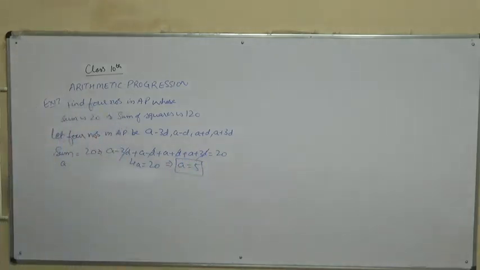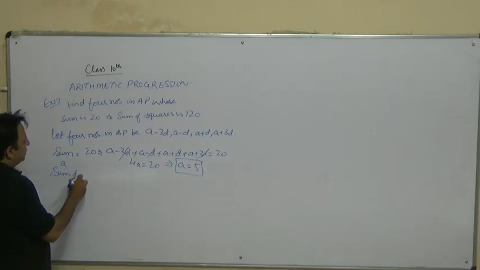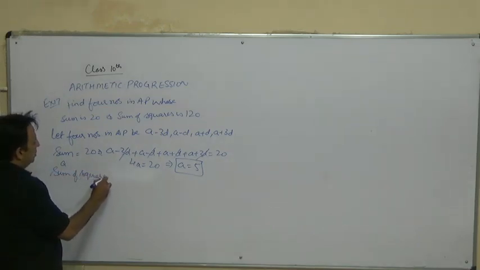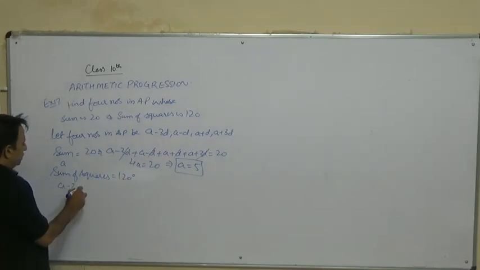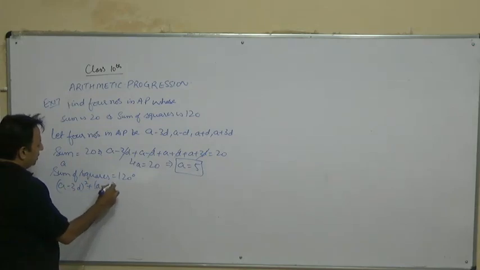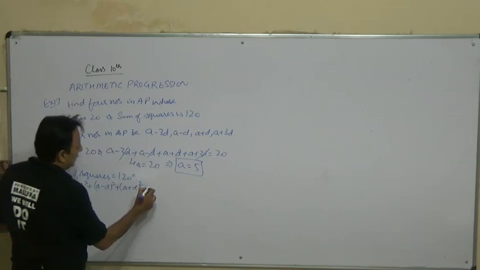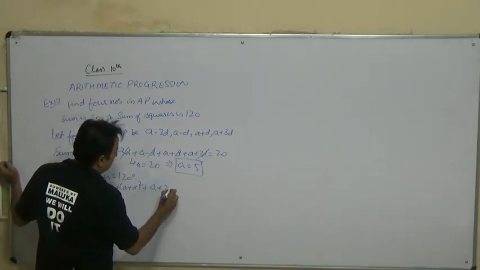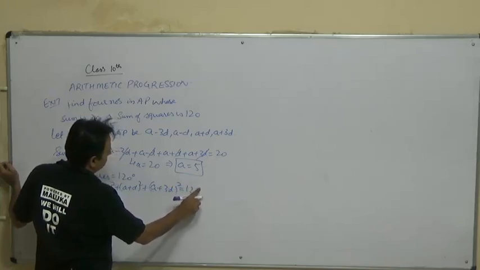So we have found the value of a. Now what are we given? The second condition is sum of squares is equal to 120. That is (a minus 3d) whole square, (a minus d) whole square, (a plus d) whole square, (a plus 3d) whole square is equal to 120.